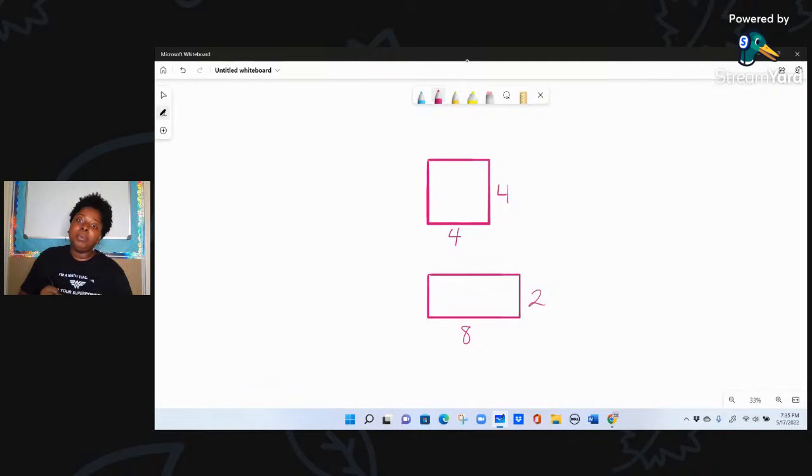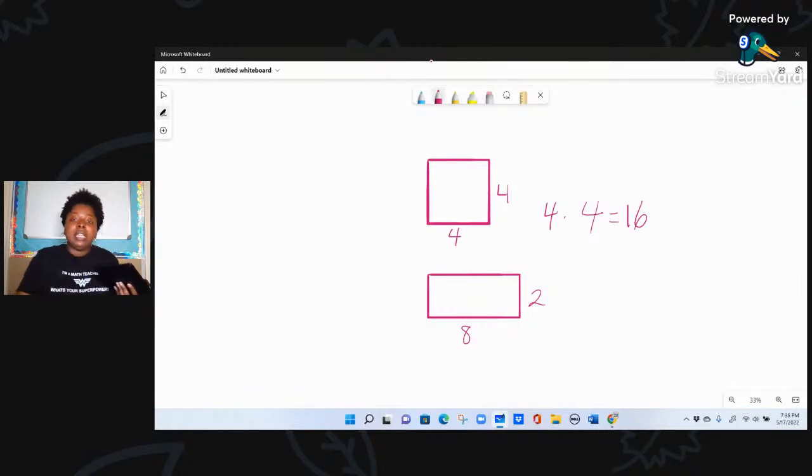Because it's the same, we just say 4 times 4, or, and I'm not sure you learned this yet, 4 squared. So 4 squared and 4 times 4 is the same thing, but 4 times 4 is 16. Let me know if you learned squares. But 4 times 4 is 16, and that would be your answer.